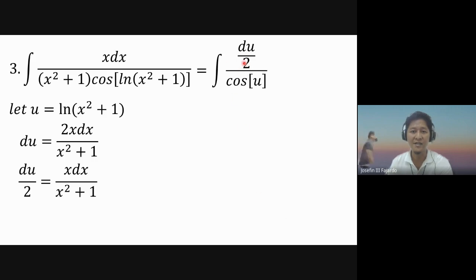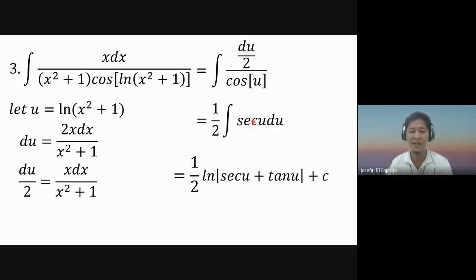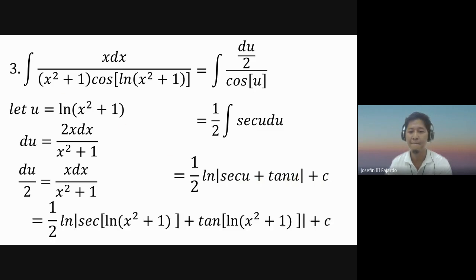So we have ilabas natin si 1 half and then 1 over cosine is secant u. And then the integral of secant u is ln of secant u plus tangent u. Yes. And palitan natin ulit si u with this. So we have this.